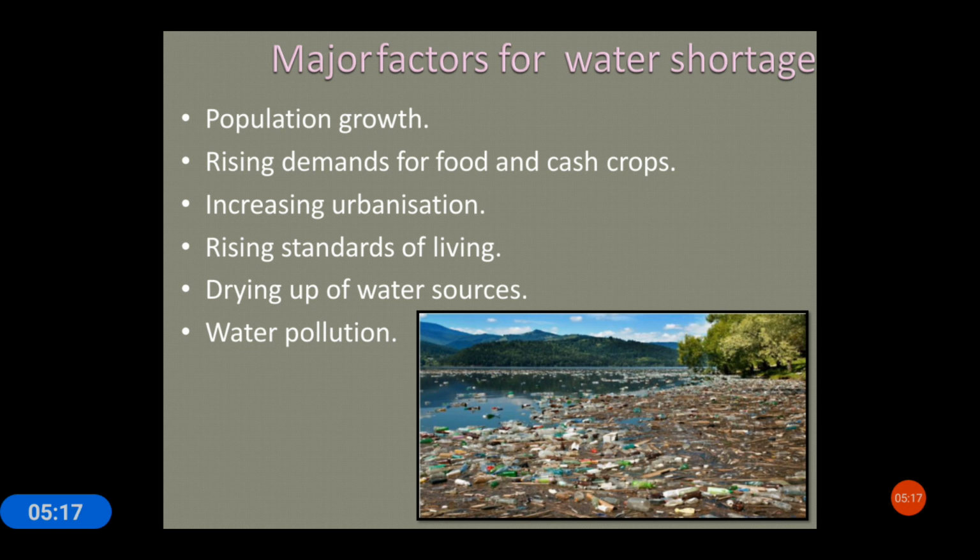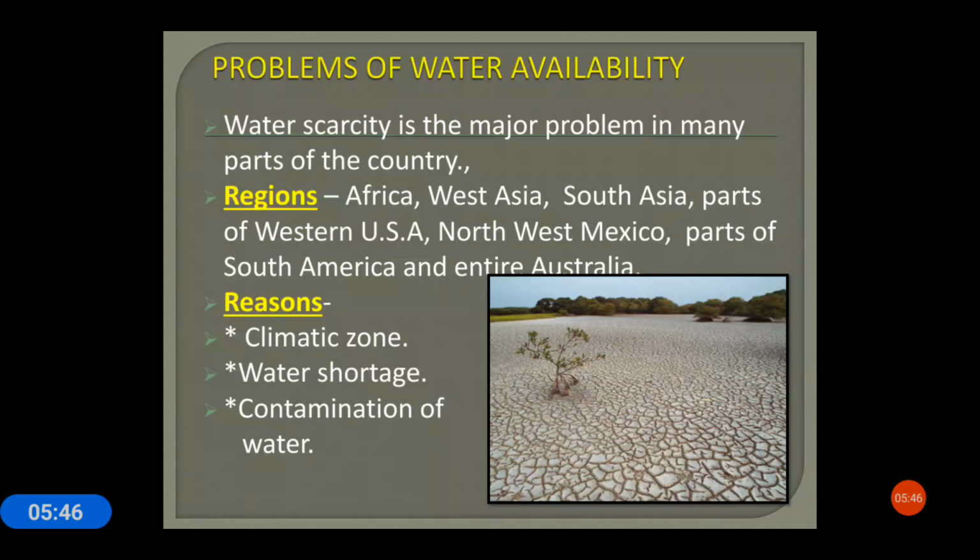Next, rising standards of living, drying up of water sources, and water pollution, the major factor. You can see in the picture how the water is being polluted by throwing waste material. Who has done this? You, I, human beings. So we are the major factor who pollute the water. So this has to be stopped.